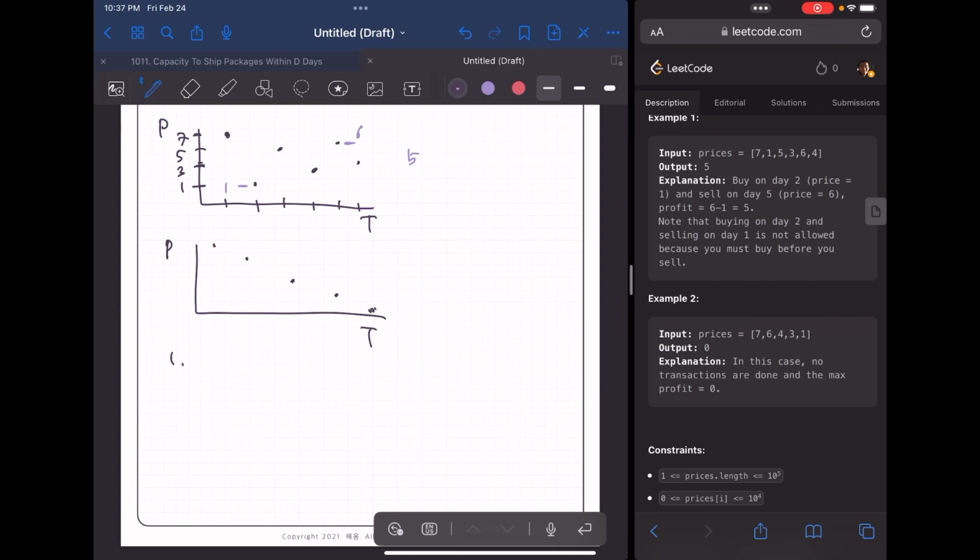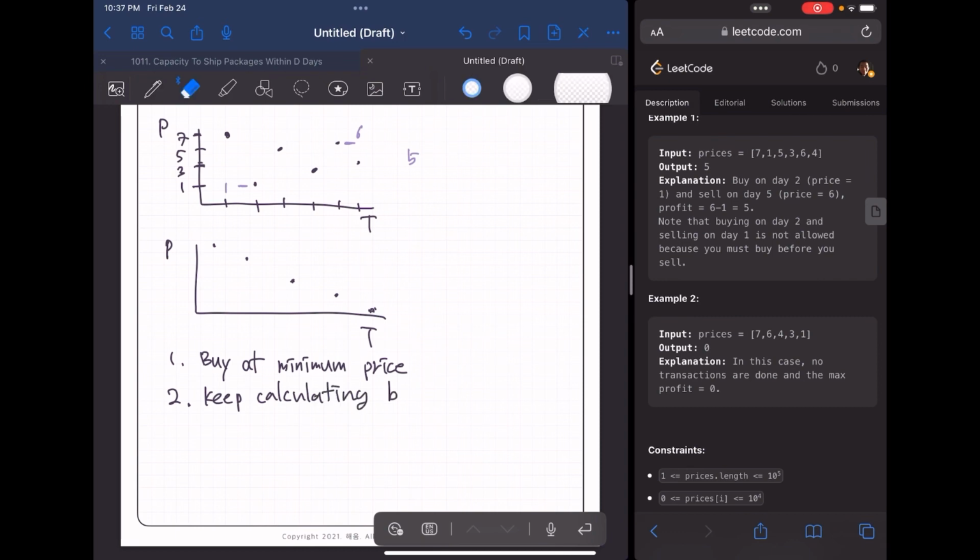So step one, buy at minimum price, and then keep calculating profit until a new minimum comes up.